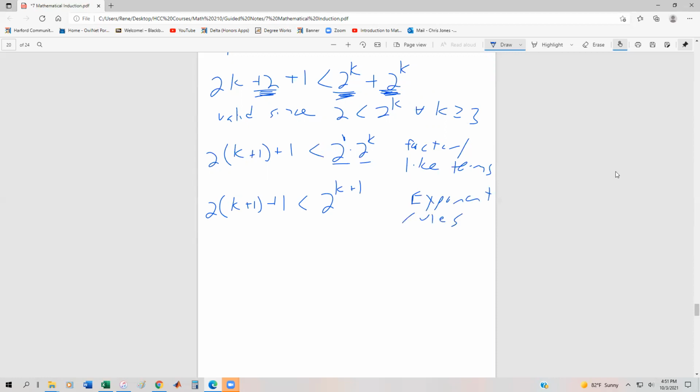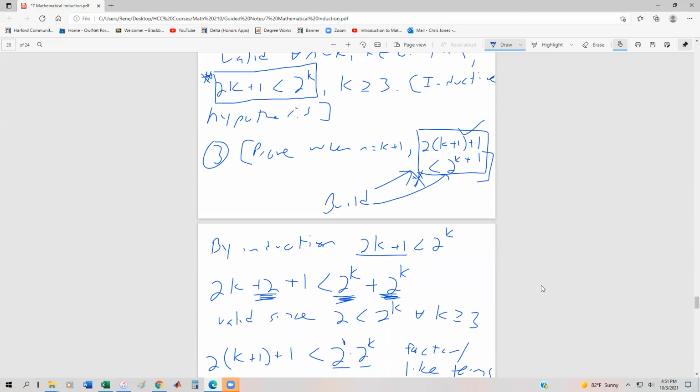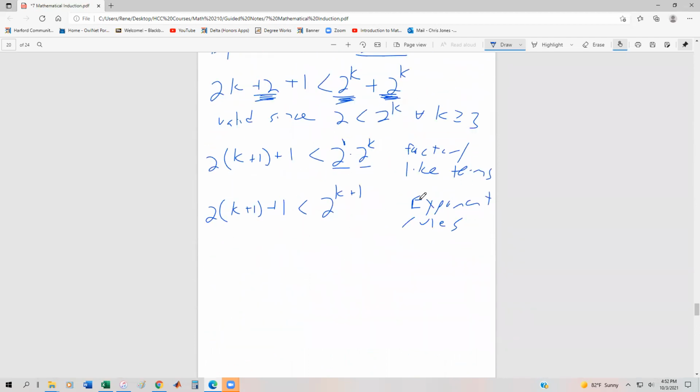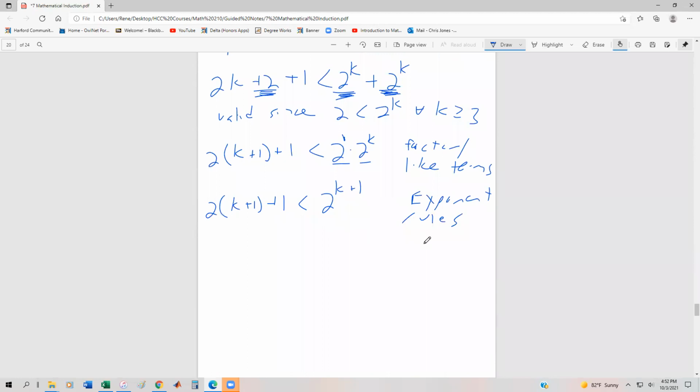If we look back up, that's exactly what we wanted to get. We wanted 2 quantity k plus 1 plus 1 less than 2 raised to the k plus 1 power. That's the trick we're doing with these. We add something to the right-hand and left-hand side that maintains the inequality, but when we perform some algebra on it, it gets us to the end.